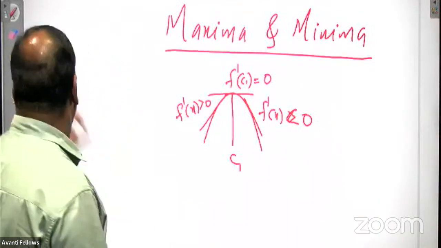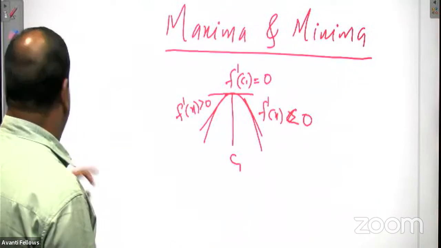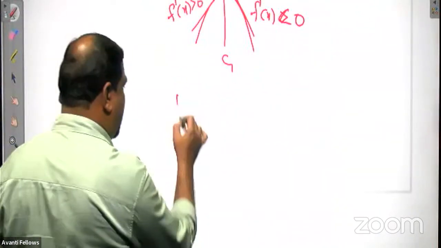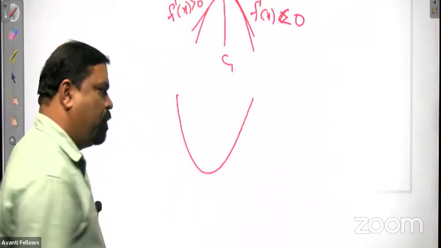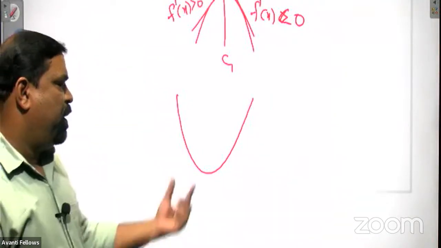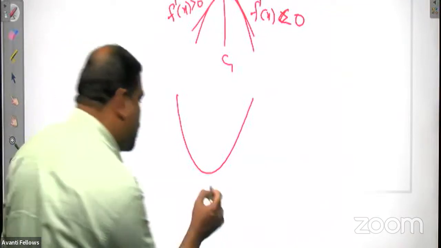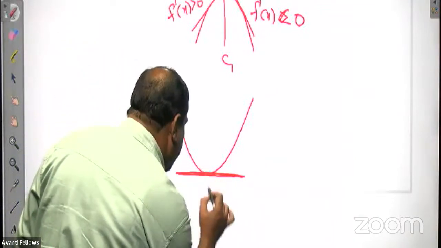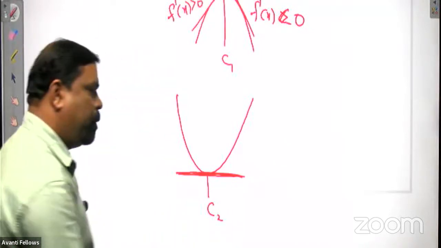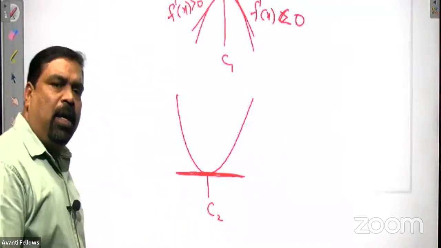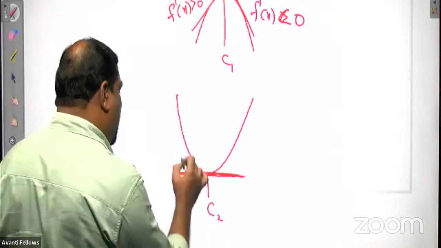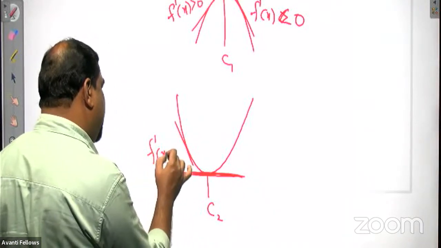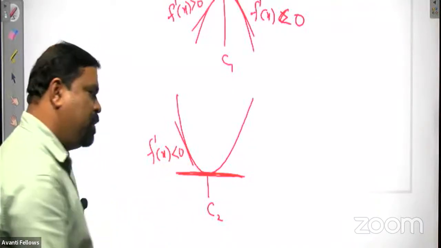Similarly, suppose the graph of the function is in this shape. Suppose this is the turning point, the critical point. Suppose I take some C2, that point. Very clearly, to the left side of that point, the function is of decreasing nature, that means f dash x is less than 0.